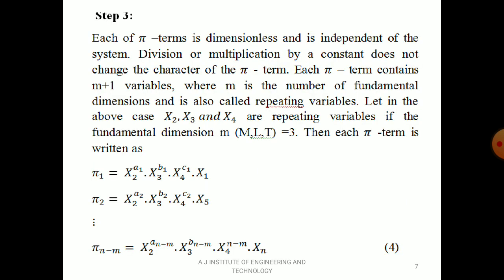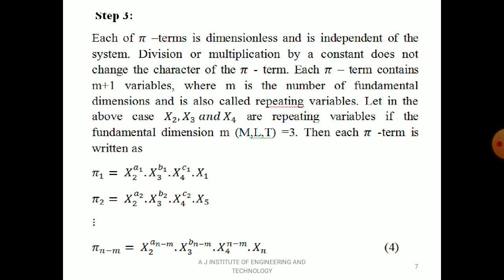Next, step 3. Each of the pi terms is dimensionless and is independent of the system. Division or multiplication by a constant does not change the character of the pi term. Each pi term contains m plus 1 variables, where m is the number of fundamental dimensions and is also called the repeating variable. As we all know, a pi term is dimensionless, so it is independent of the system.